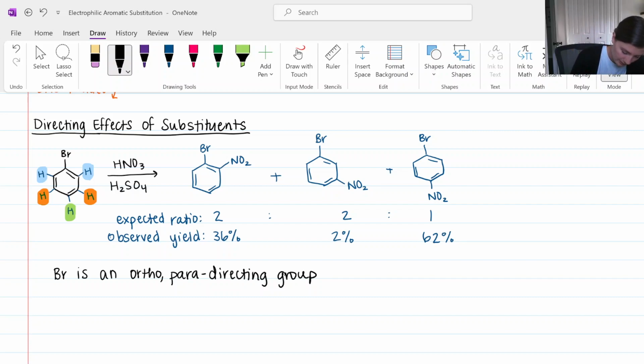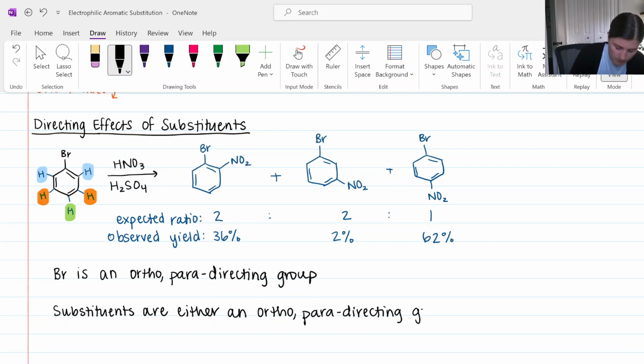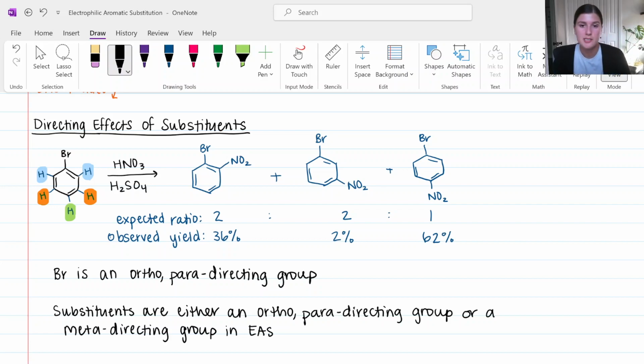So let's write this down. So substituents are either an ortho-para-directing group or a meta-directing group in electrophilic aromatic substitution.